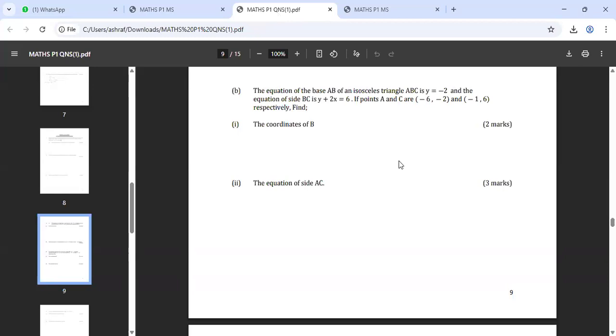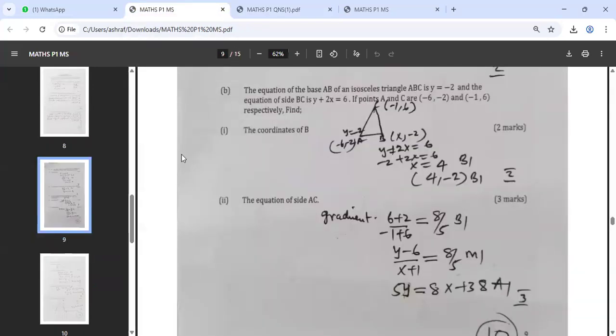Anyone with a question about the equation of a straight line? Yes, Jack. Unmute yourself. Sir, I was requesting that you show us the marking scheme one last time. For this question? Yes. Okay, there it is.